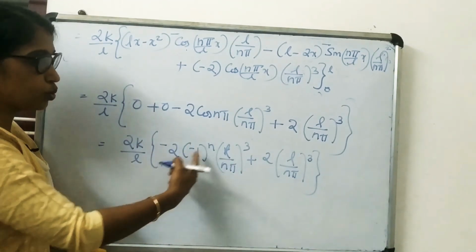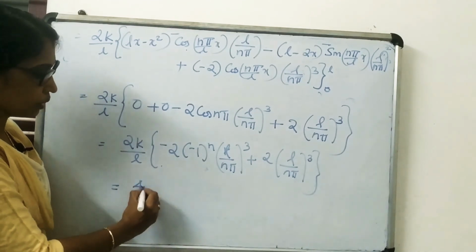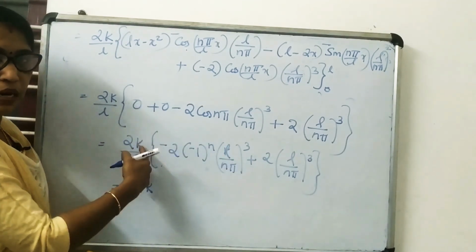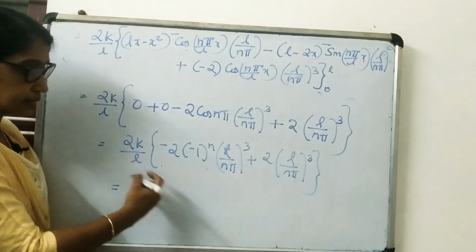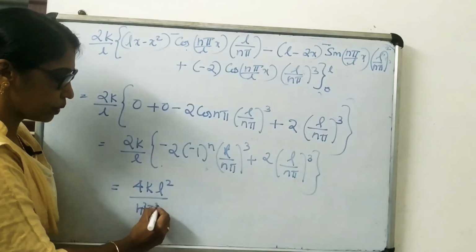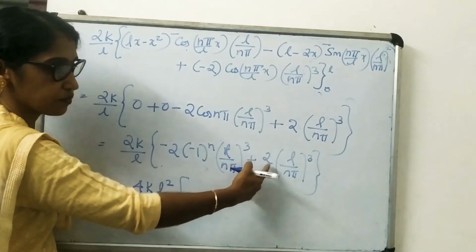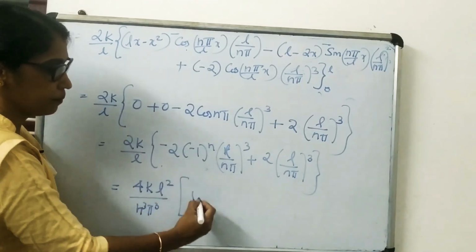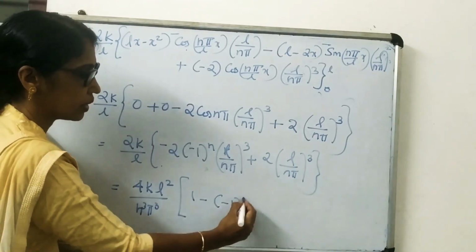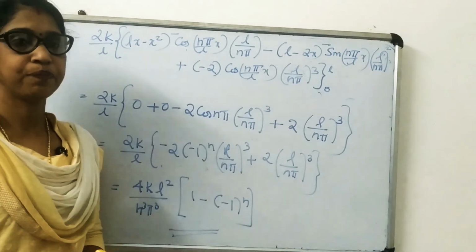Common terms are 2 L cube by n cube pi cube. So this becomes 4k. L cube comes outside and one L gets cancelled and this becomes L square divided by n cube pi cube into, within brackets we get, here this term becomes 1. So 1 minus of minus 1 raised to n. So this is the value of an.